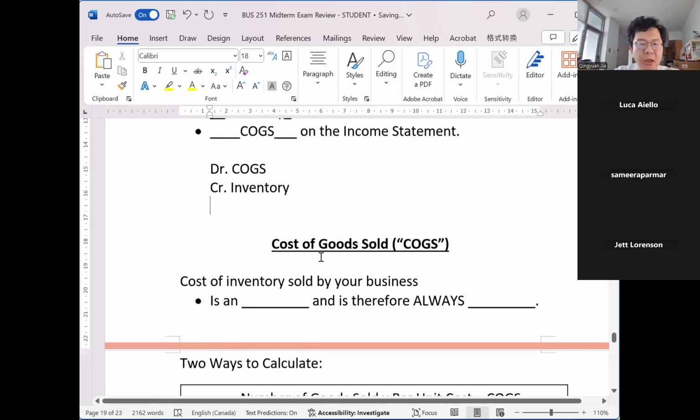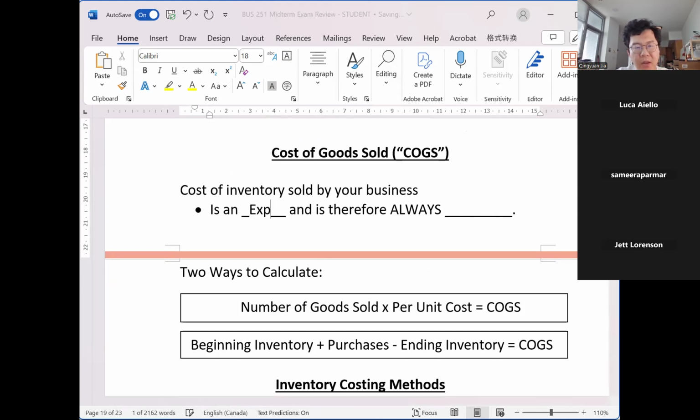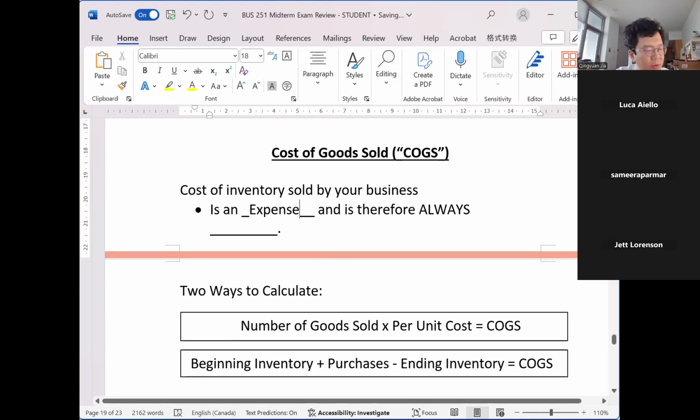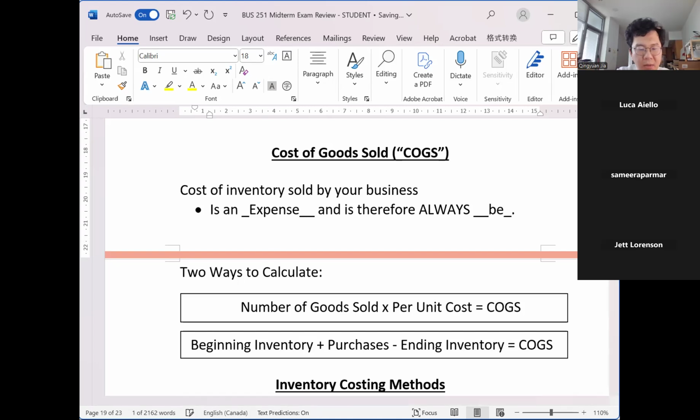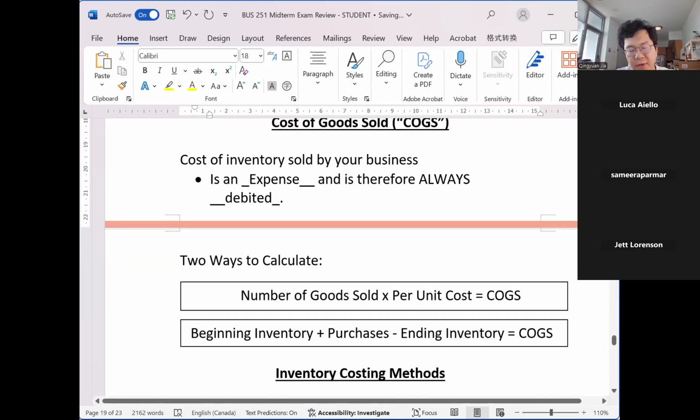Okay, next thing. Cost of goods sold, the cost of inventory sold by your business, is an expense and therefore always debited, unless we are making an adjusting journal entry or we are doing the closing entry.